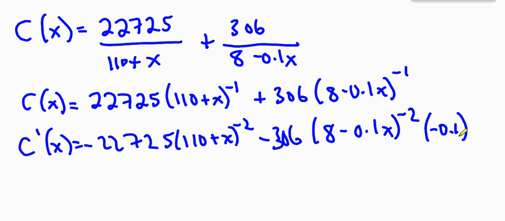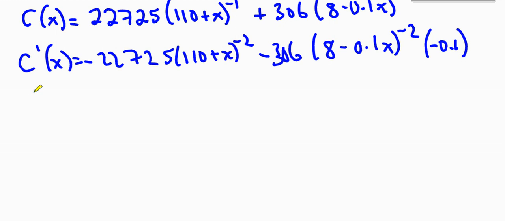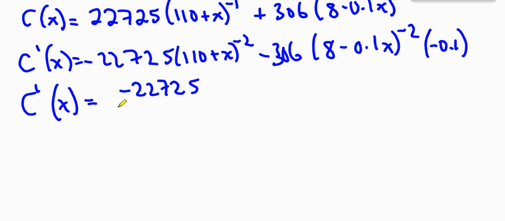So I've taken the derivative, and now I need to do something with it so that I can actually set it equal to 0 and find those critical values. So let's write this in a way that makes me happier. -22725 over 1110 plus x squared.